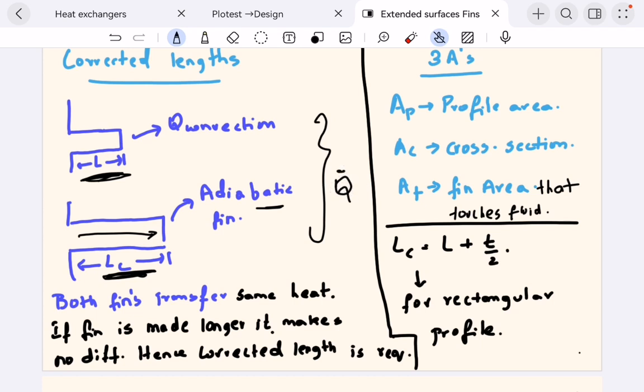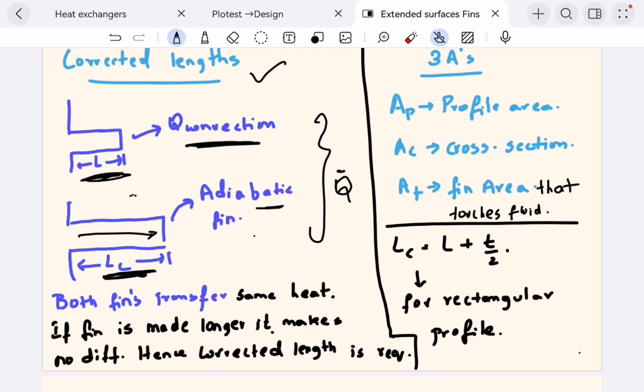Even if you increase the length, assuming that all other parameters are constant, the adiabatic fin and the normal fin turn out to give the same rate of heat transfer, right? So if the fin is made larger, it makes no difference, right? So hence, in case of rectangular fins, we use corrected lengths. Also, in case of cylindrical fins or circular fins, we use corrected lengths.